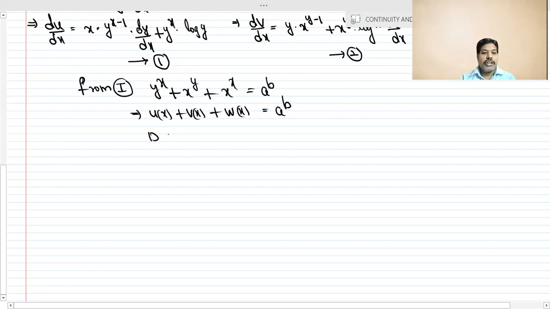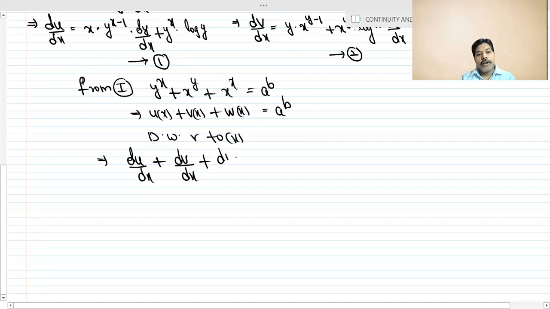Just differentiate with respect to x. What you will get is du by dx plus dv by dx plus dw by dx is equal to the derivative of a power b. Already I know all these values, students.